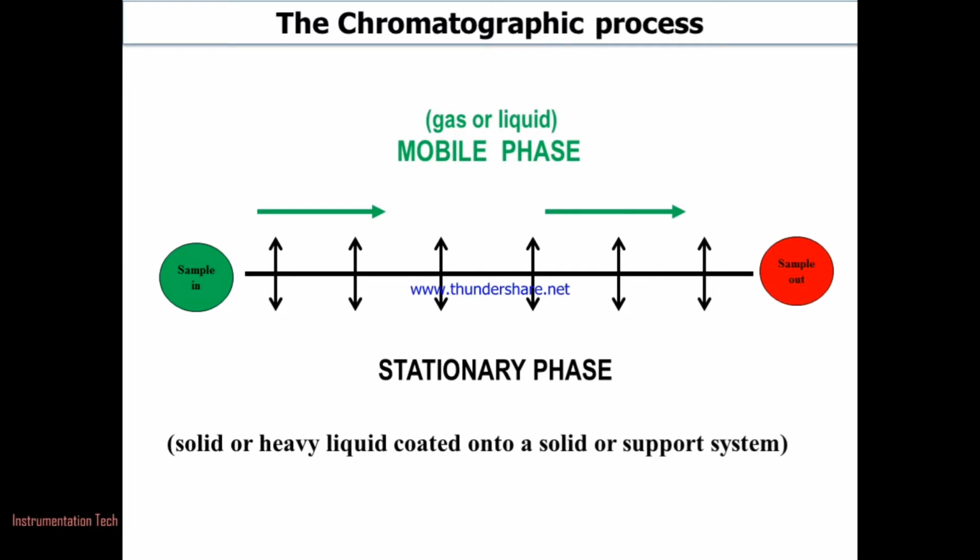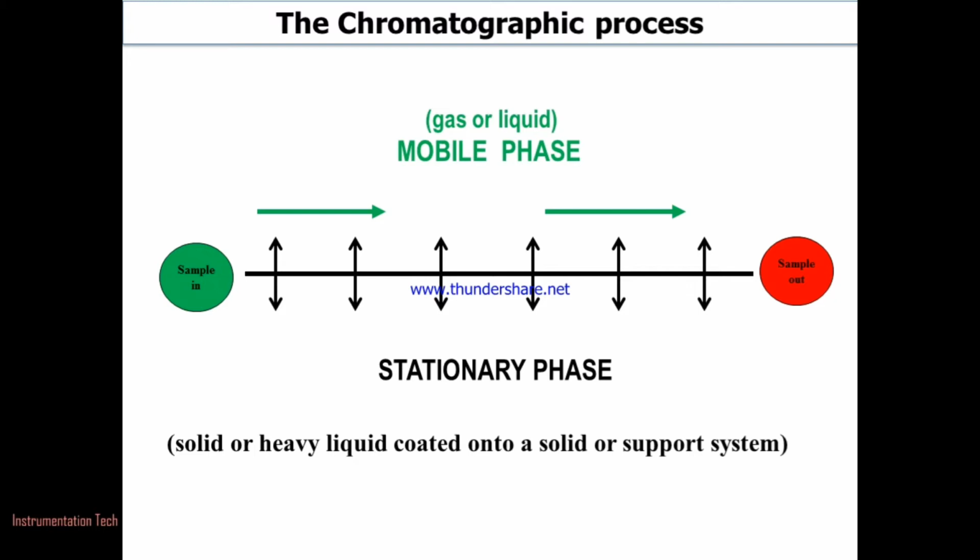This figure shows a chromatographic process. In this figure, you can see a sample which passes through a stationary phase with the mobile phase and comes out of the arrangement. The mobile phase carries the sample onto the column.